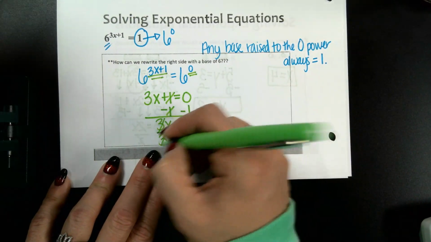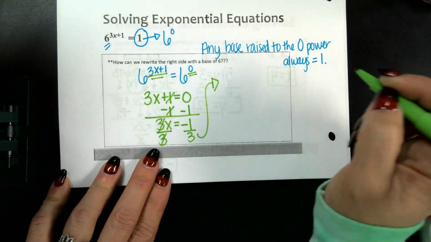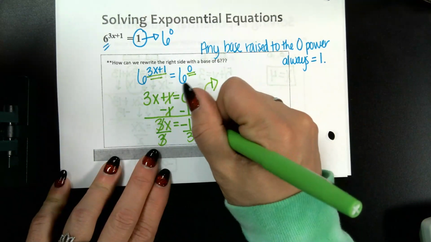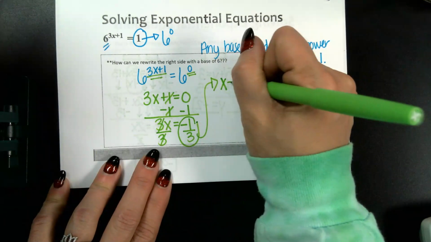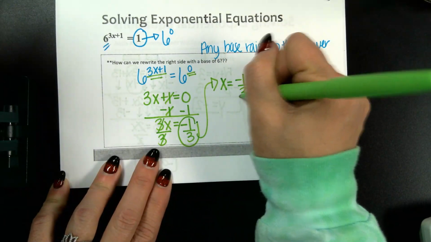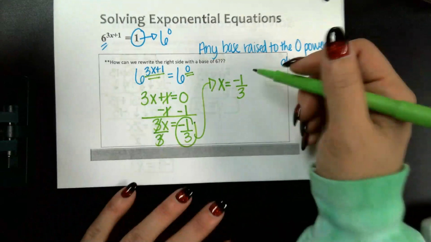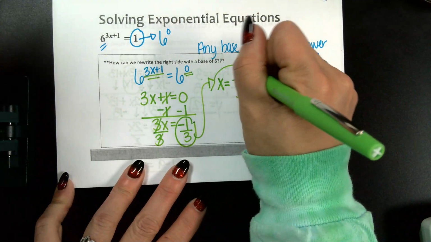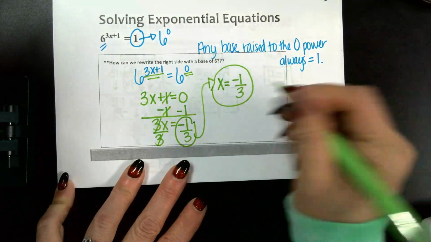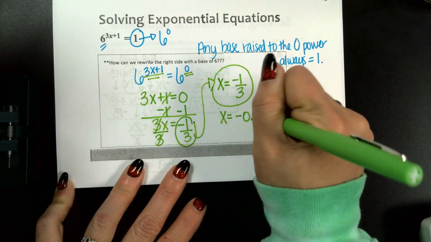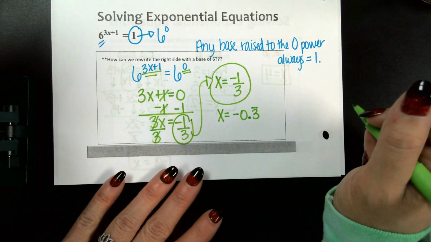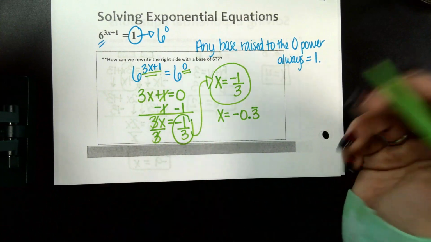And you guys know me well enough by now. This is a fraction that does not reduce. So of course I just left my answer as -1/3. I mean, why bother typing it in if it's already in lowest terms? Now if you did type it in, you can write it as -0.3 repeating. And that's fine.